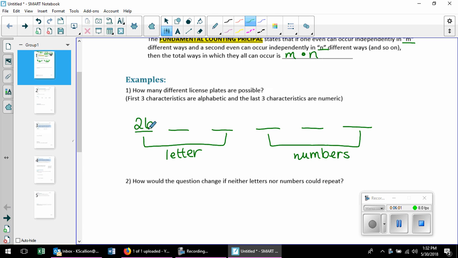Because I can pick any letter in the alphabet, right? Next letter we said we can repeat, so it's an independent event. So 26 again. The third event is going to be 26 again, because I can repeat the letter.